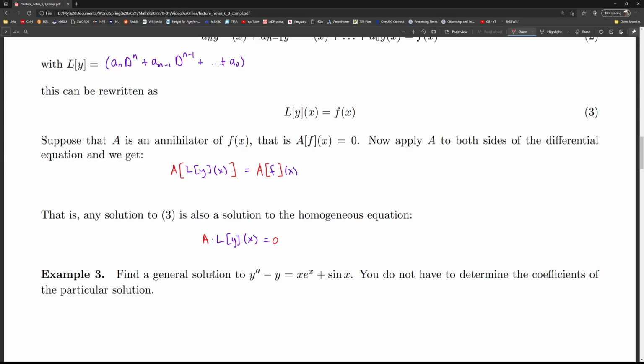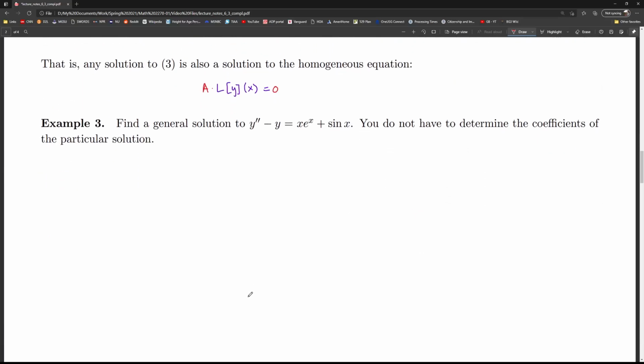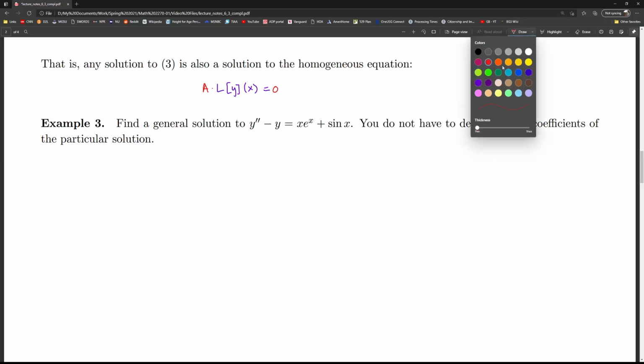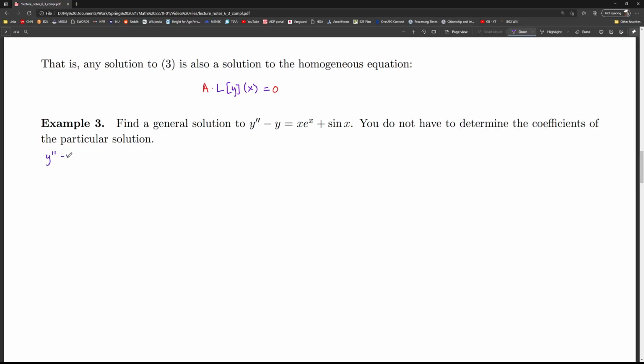We want to find a general solution to y double prime minus y equals x e to the power x plus sine x. In order to find a general solution, we need to know what the homogeneous solution is. So we briefly look at y double prime minus y equals 0. That's what we'll look at first.